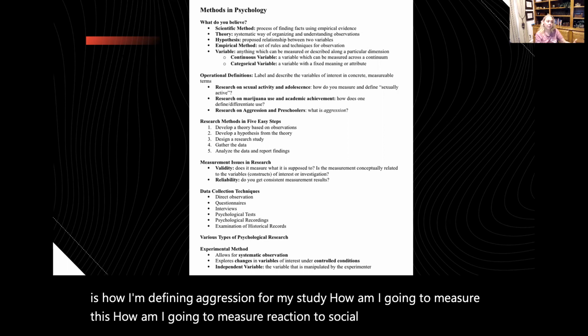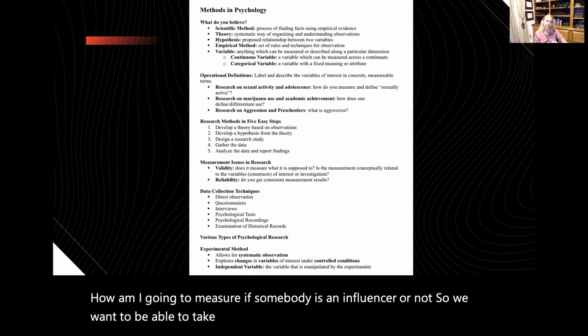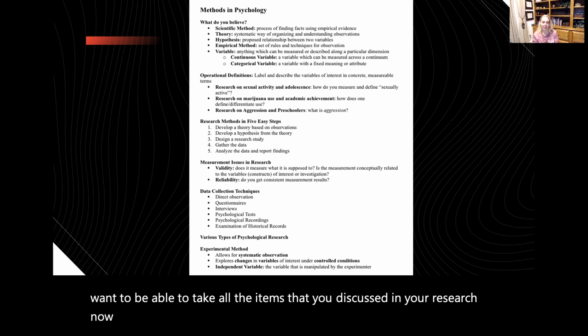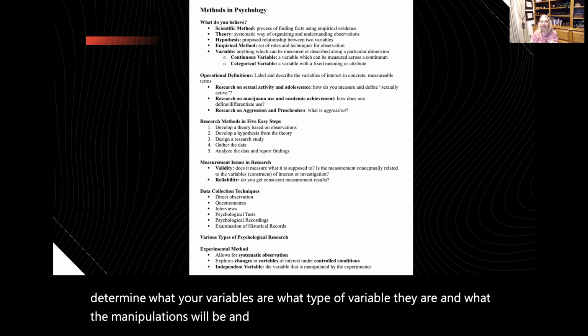How am I going to measure if somebody is an influencer or not? So we want to take all of the items that you discussed in your research and now apply operational definitions to them so that you can determine what your variables are, what type of variable they are, what the manipulations will be, and what it will look like to be able to prove or disprove a hypothesis.